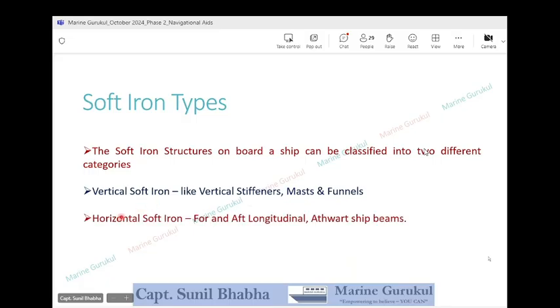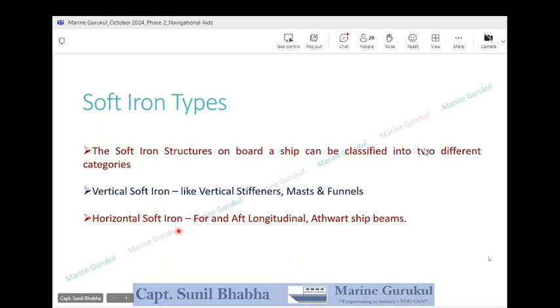The second type of soft iron structures could be horizontal soft iron structures. Now horizontal soft iron structures could be the fore and aft longitudinals. It could be the athwart ship beams. Both the longitudinals as well as the beams are welded on top of the decks or top of the keel plate or at the bottom of, you can say, the top deck of the tanks.